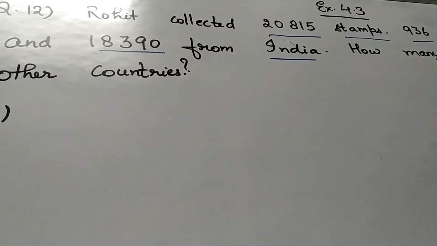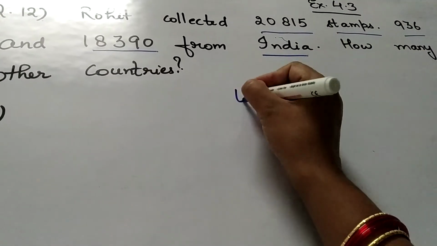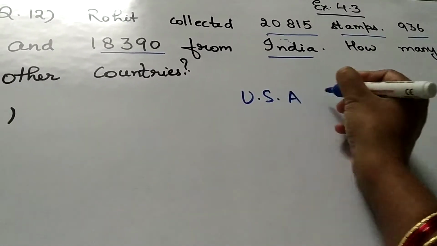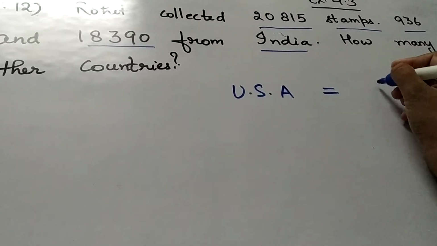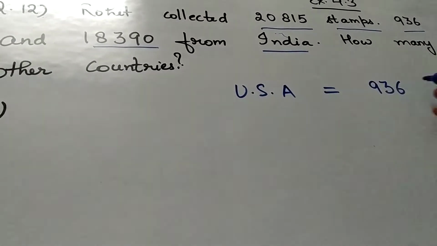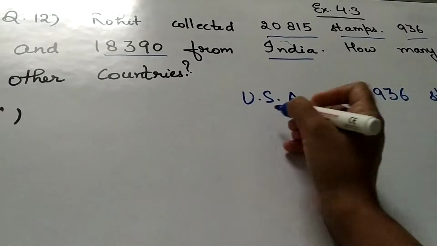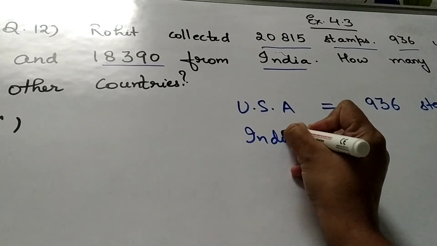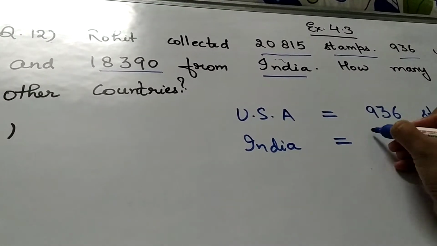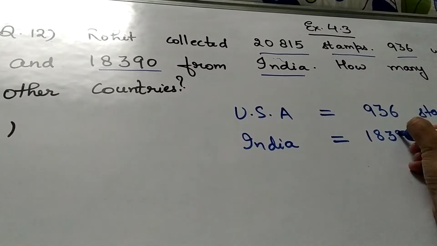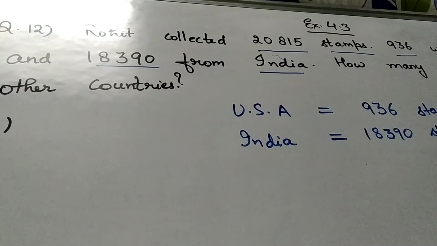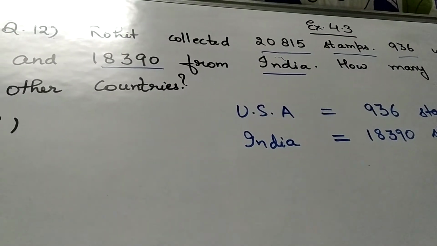First we will add from USA how much he got. From USA how much he got? 936 stamps. And from India how much? 18,390 stamps. Right?